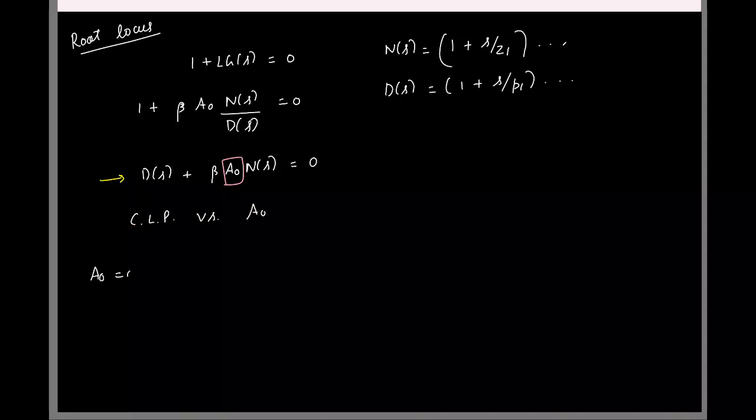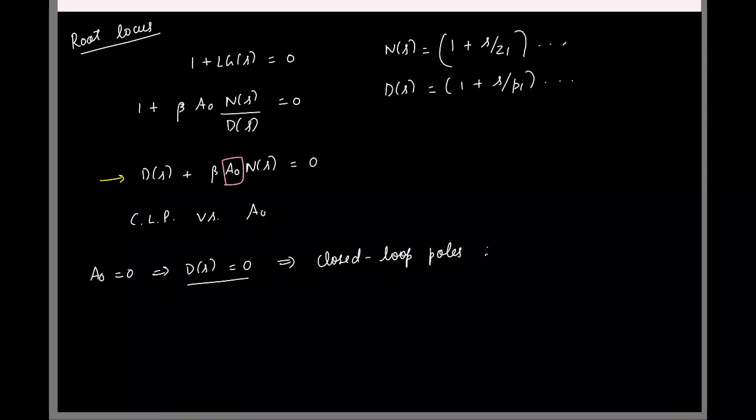So if I put A naught equal to 0, what happens to the equation? The closed loop poles will be the roots of this equation. And what are the roots of this equation in terms of some poles and zeros?